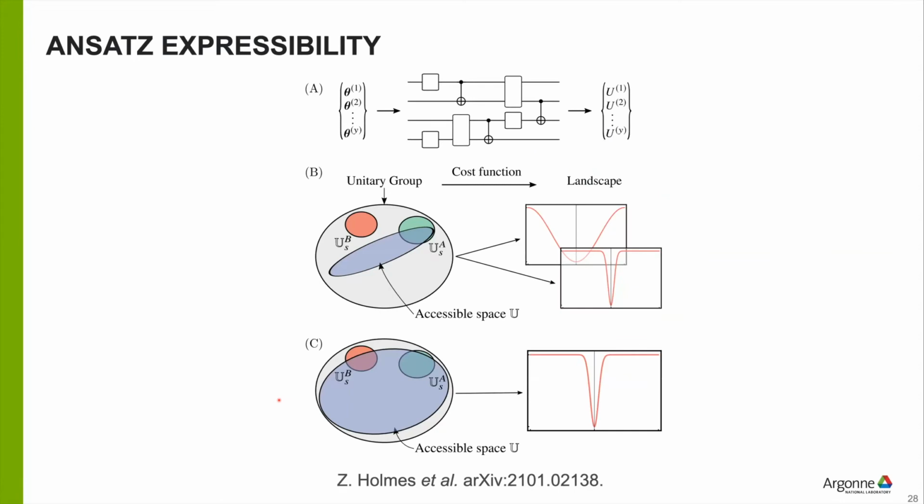And essentially, what this picture demonstrates is that when you use this hardware efficient ansatz and you have two solutions, A and B, and your ansatz covers some accessible space, you have a certain landscape for finding where your solution lies.